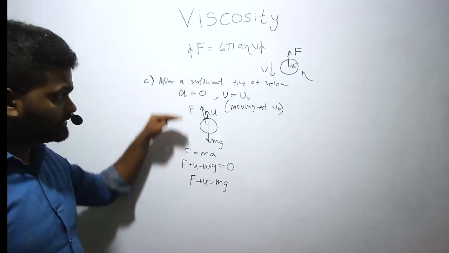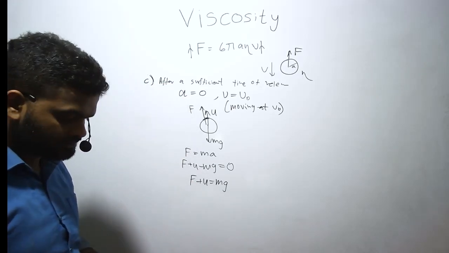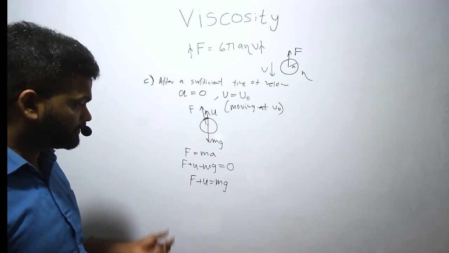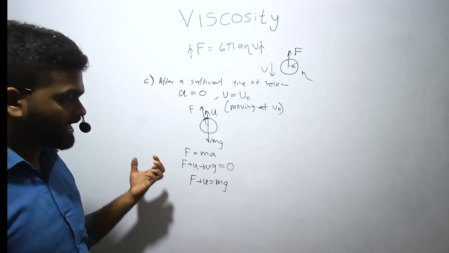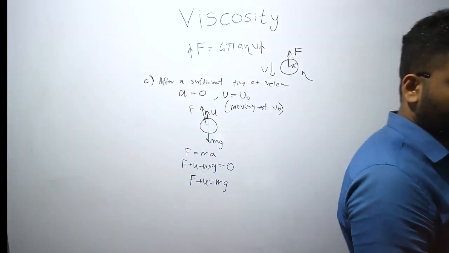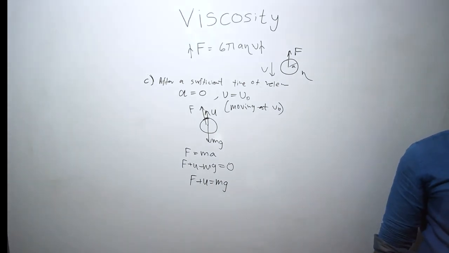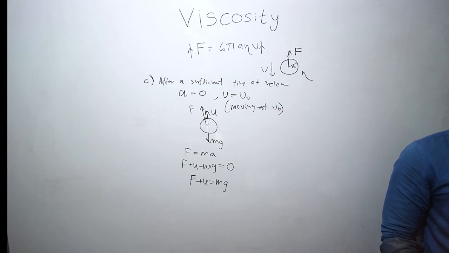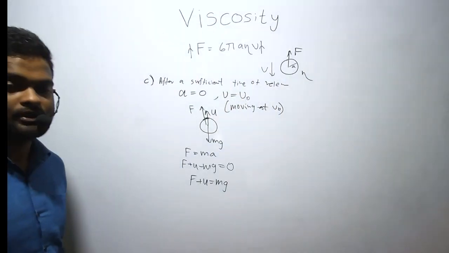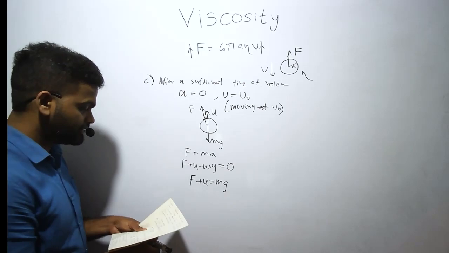Take this down. Take everything down. So here I am going to prove an equation for V naught, terminal velocity. Take it down and thumbs up then. Right. Then I'm going to get an expression for V naught, right?